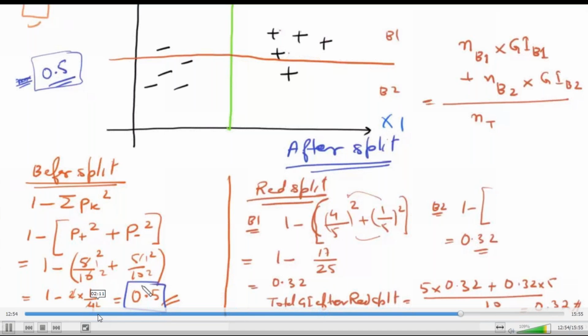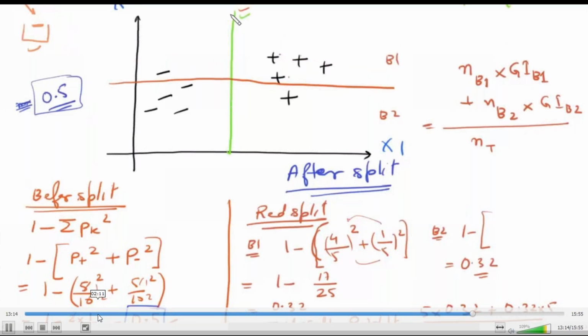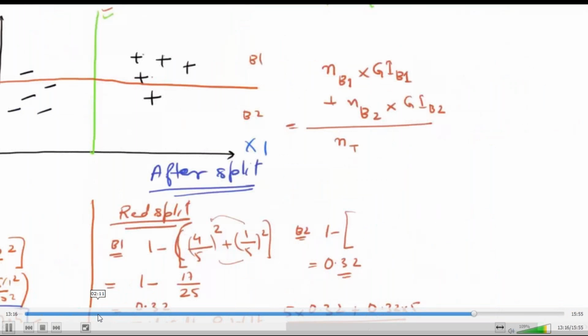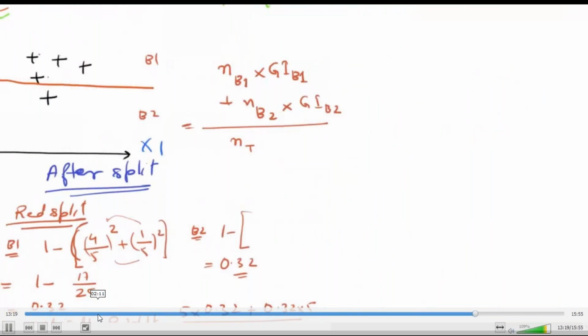So see, the Gini index reduces. Initially, we started with a Gini index of 0.5, and even the red split reduces the Gini index. So it does reduce impurity to some extent, to 0.32. But remember, we will select that split which gives us the least value of Gini index. So let us see what Gini index we get after doing the green split. So now let's calculate the Gini index with the green split.